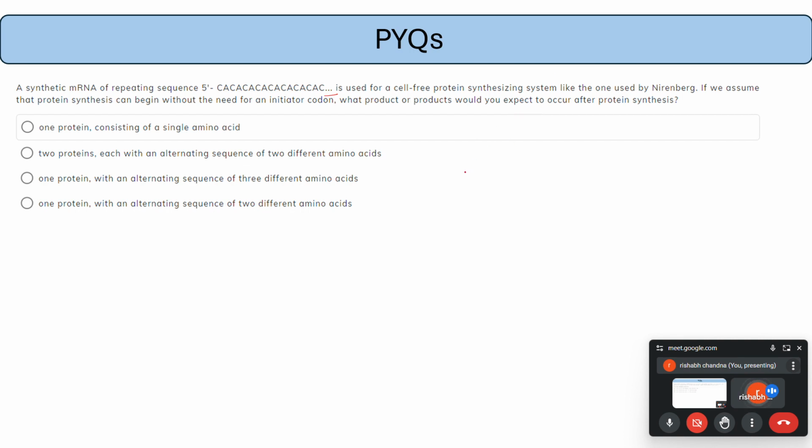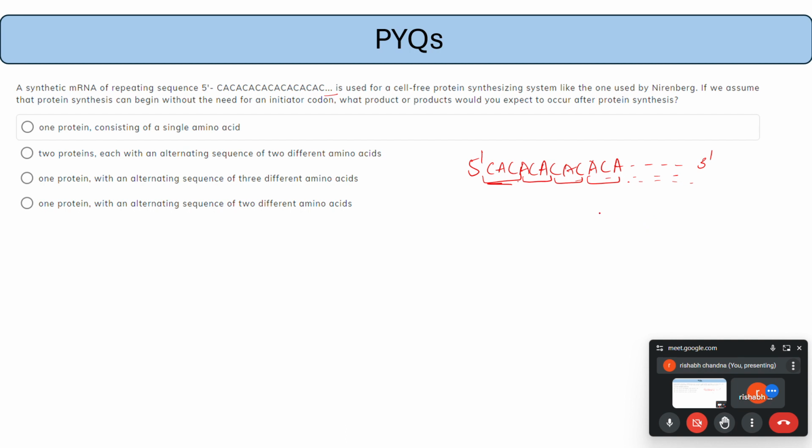So we have an mRNA sequence that is a repeat of CA multiple times. A codon is a triplet, so that codes for CAC, then ACA, then CAC, then ACA, and so on.